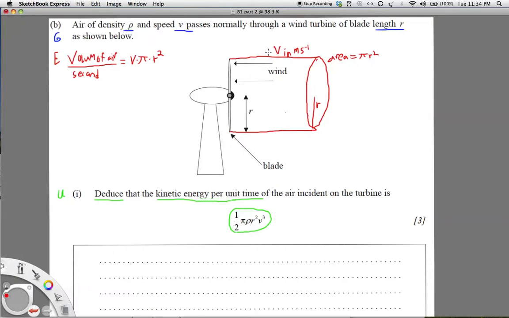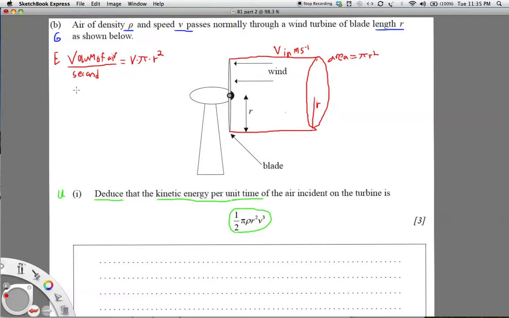So it's the distance covered by the wind in 1 second. That's the amount of air that will blow through. So the volume of air is equal to v times pi times r squared, the velocity times pi r squared.